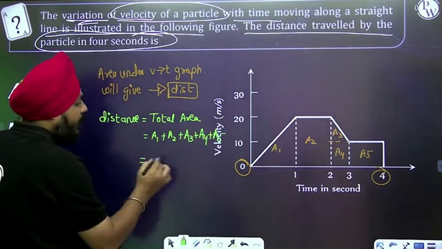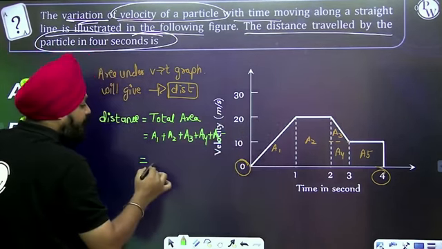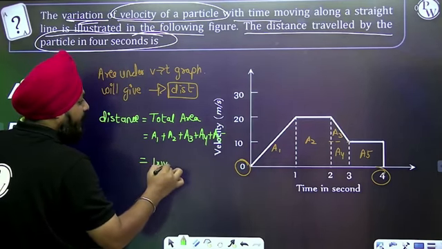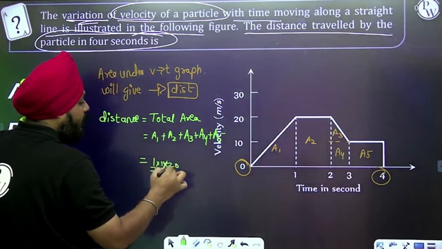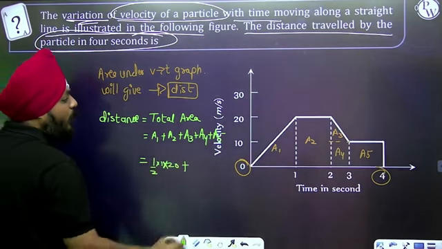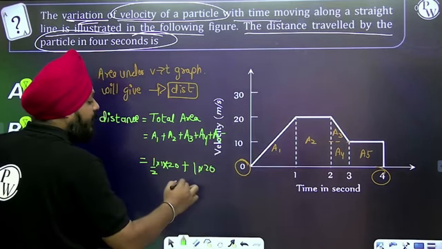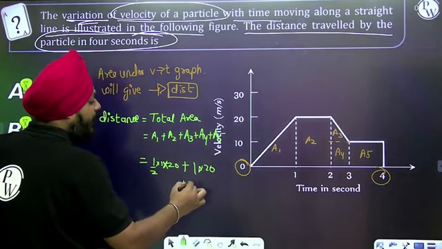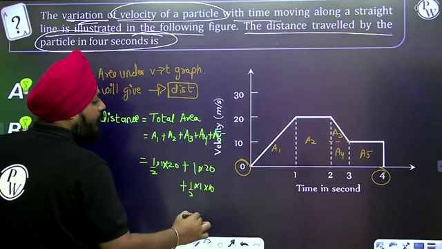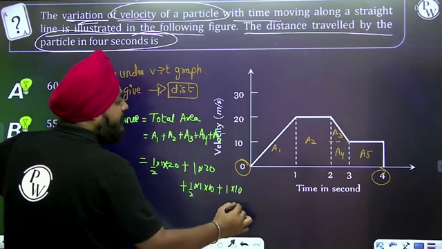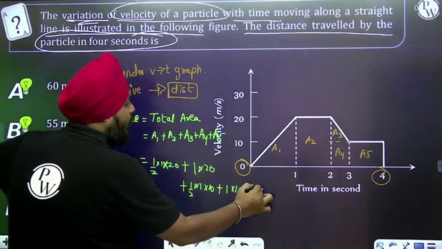A1 is a triangle, so it is half base into altitude: half into 1 into 20, plus A2 is 1 into 20, plus A3 is half into 1 into 10, plus A4 is 1 into 10, plus A5 is 1 into 10.